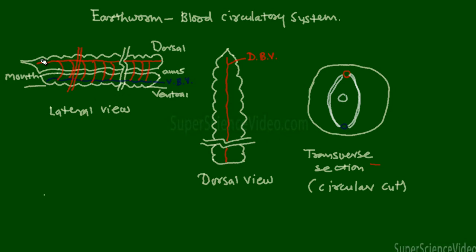Now the skin of worm is moist and secretion from the skin makes it very much moist, so that's why atmospheric oxygen firstly diffuses in the skin and then from this atmospheric oxygen by using capillaries enter into dorsal blood vessels.